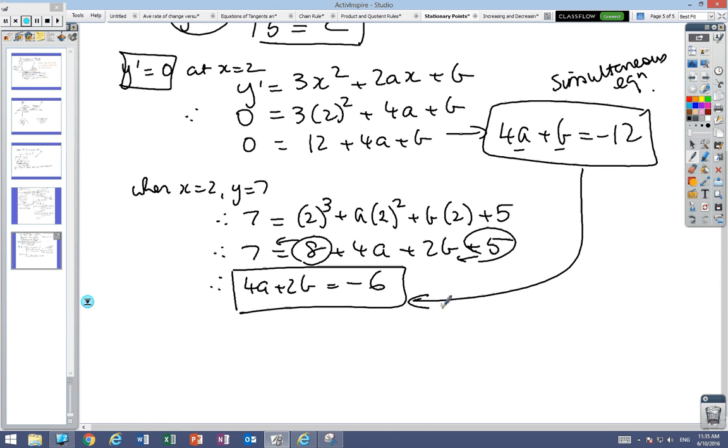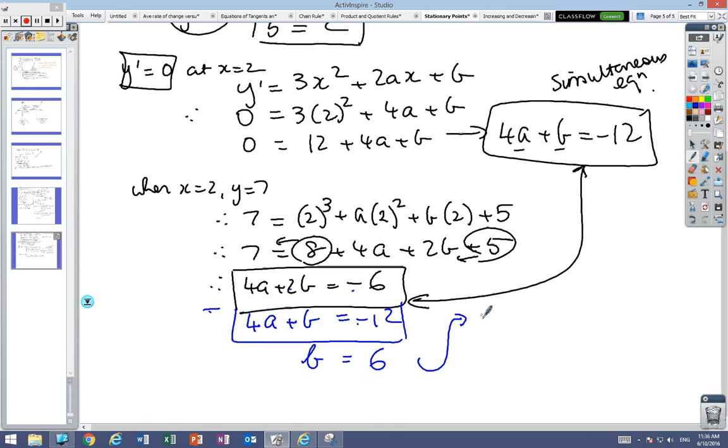So there's your first equation, there's your second equation. Let's line them up underneath each other. So I've got 4a plus b equals minus 12, and 4a plus 2b equals minus 6. We'll subtract to get rid of the a's. So 2b minus b is 1b, minus 6 minus minus 12 equals 6. So b equals 6, and that's our second letter.